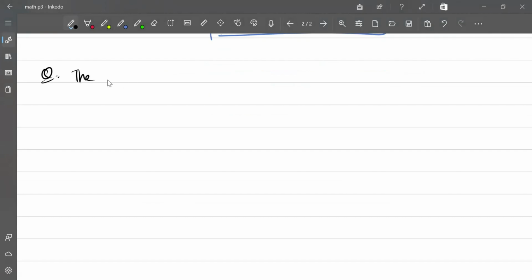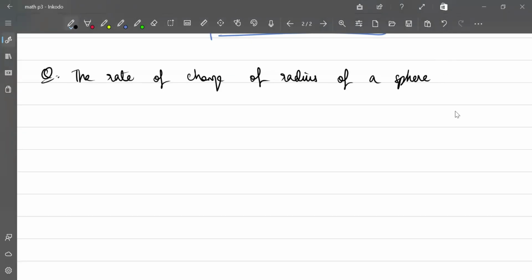Okay. The rate of change of radius of a sphere is 1 upon 4 centimeter cube per second.